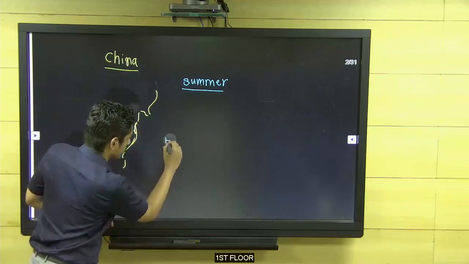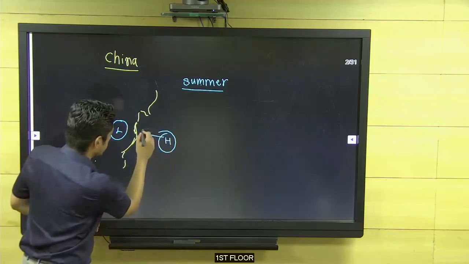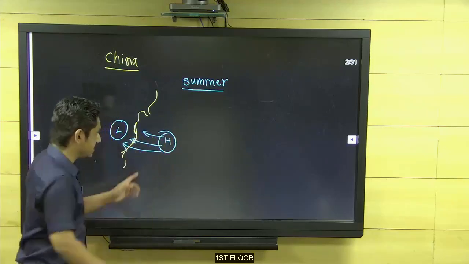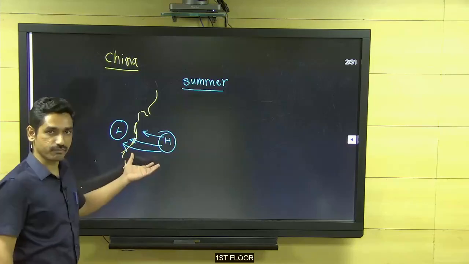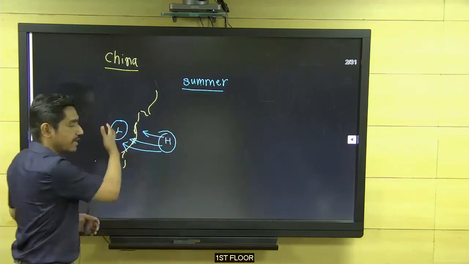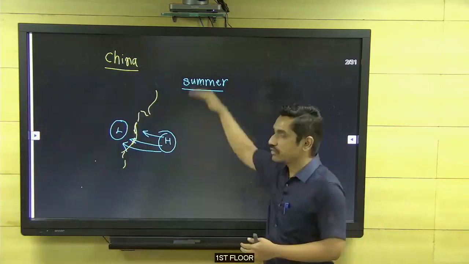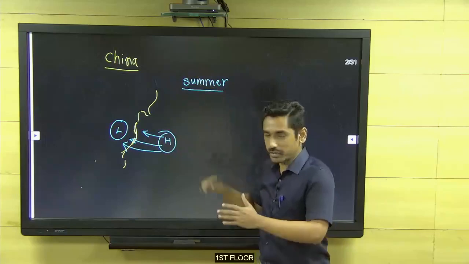So you get a high pressure condition. Now wind blows from high pressure to low pressure, right? So you can clearly see this is technically a system where you have onshore winds. Wind is moving from sea to land, there will be good rainfall. That is why in China climate, you get a peak rainfall during summer season. Makes sense. So pretty simple.